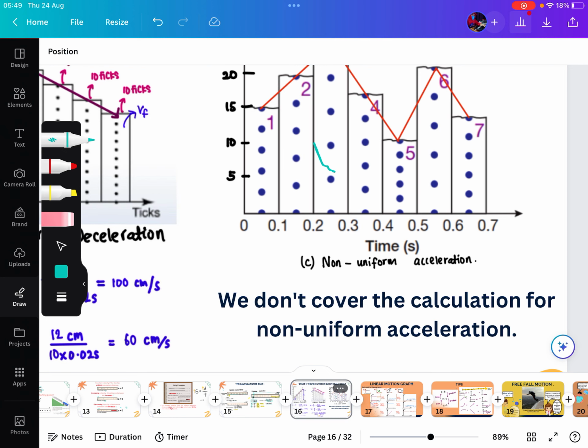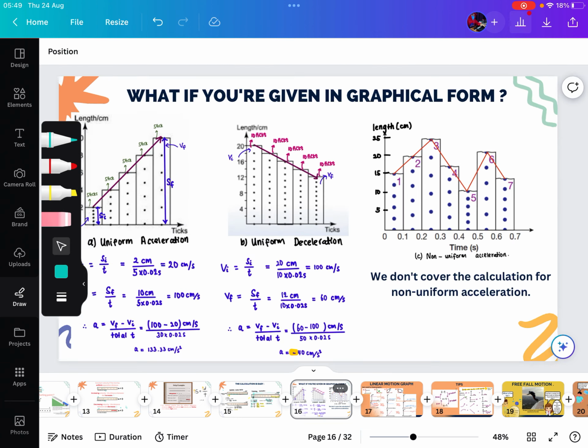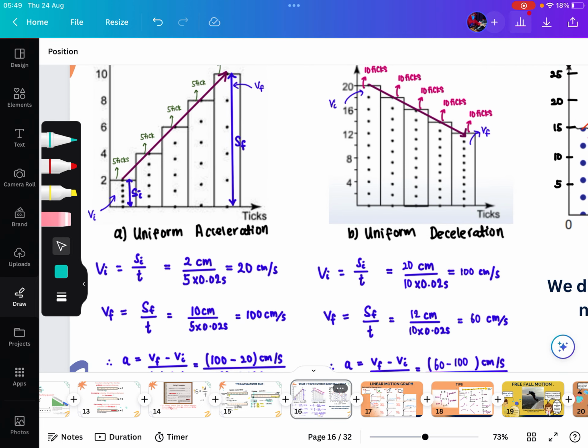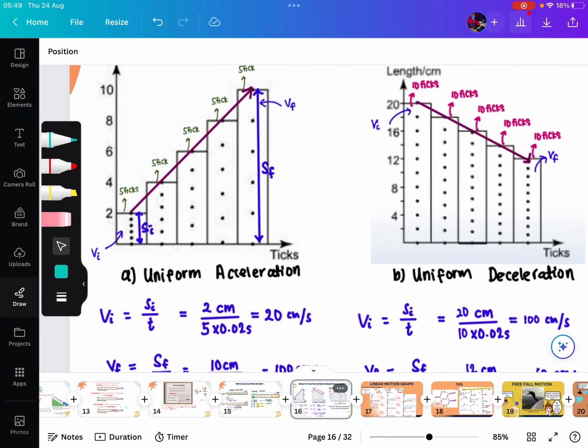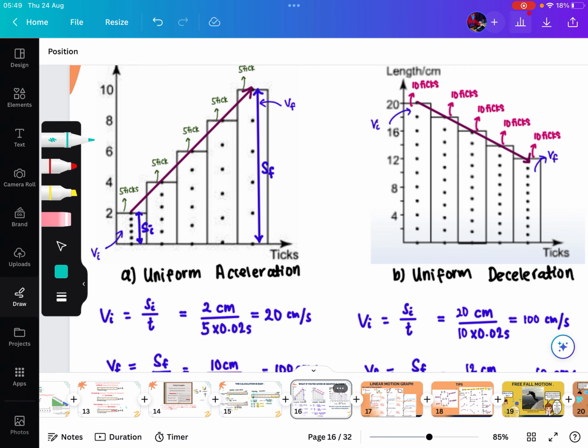Let's talk about what if you are given a graphical form. It is actually not so hard. When you are given a graphical form, one thing you need to notice is the ending points.